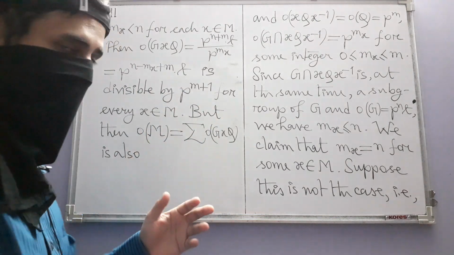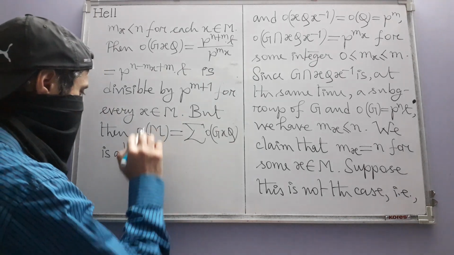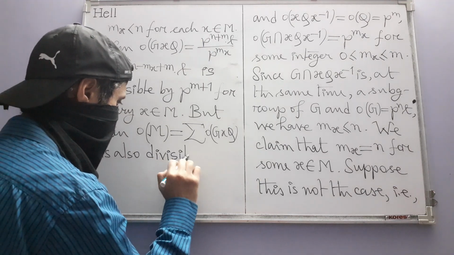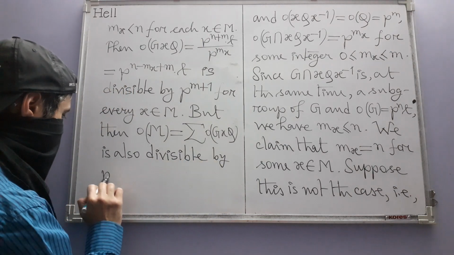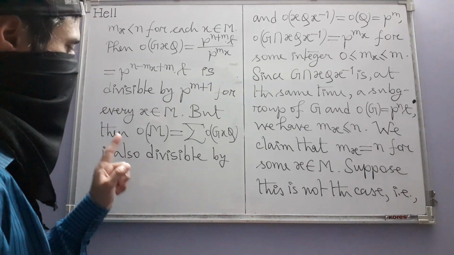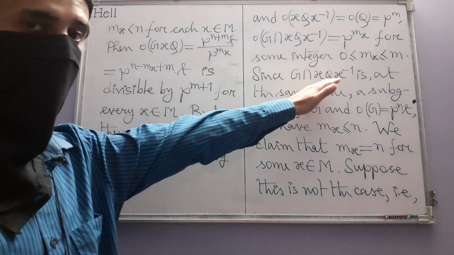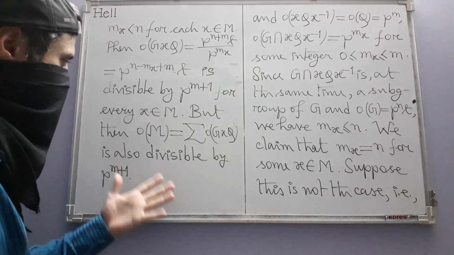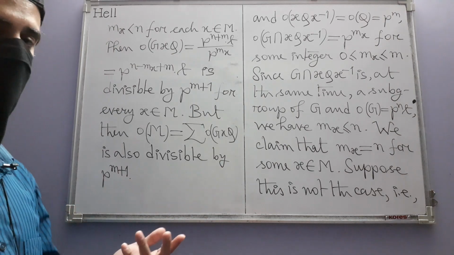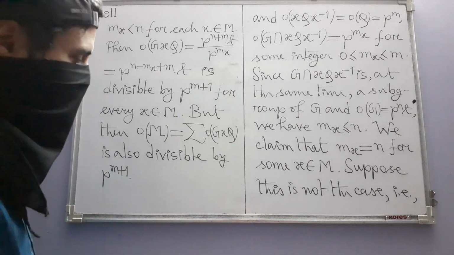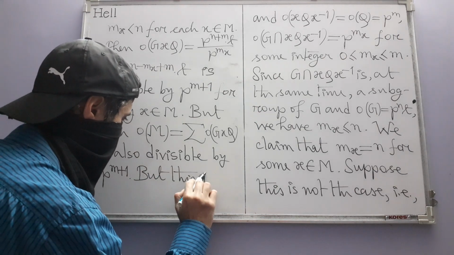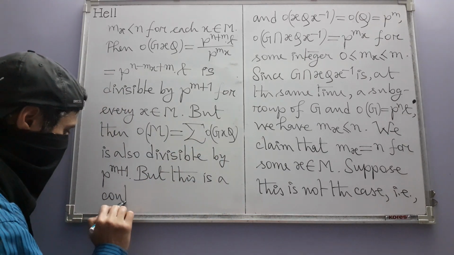So order of M should also be divisible by that power of p. This, however, is a contradiction, because according to how we started the proof, p to the power m was the largest power of p dividing the order of M. This one should not divide the order of M. But this is a contradiction.